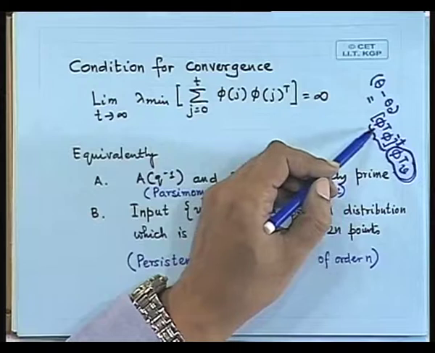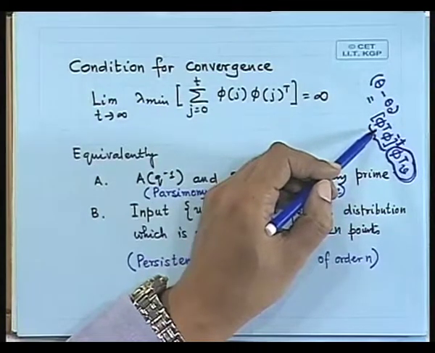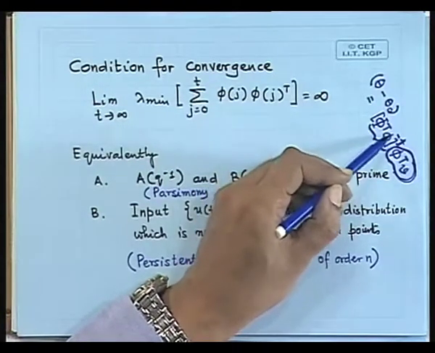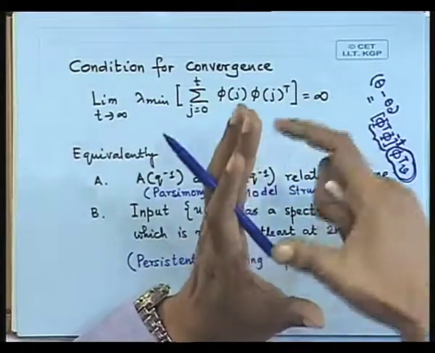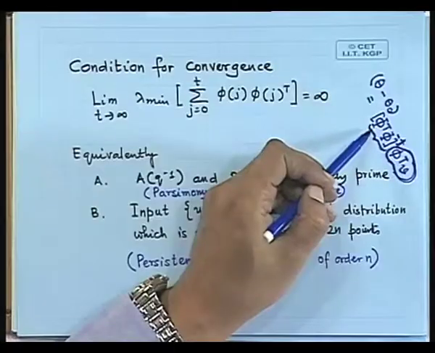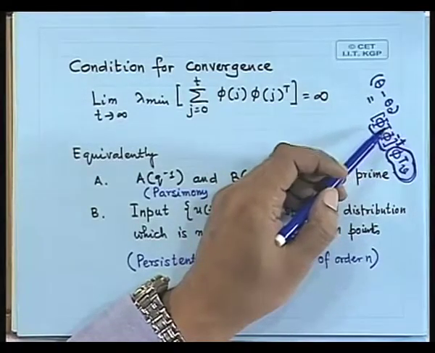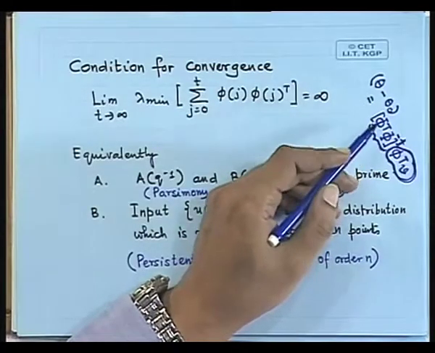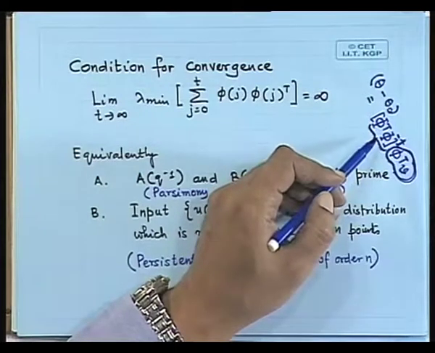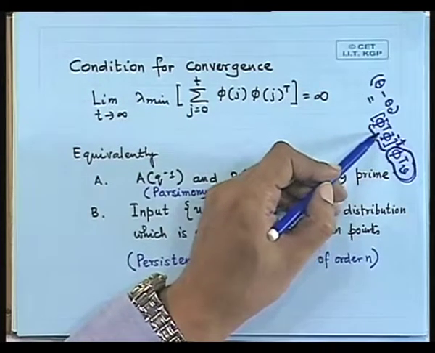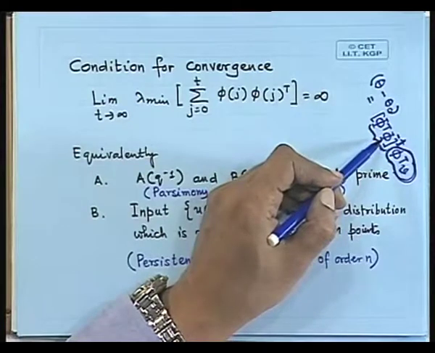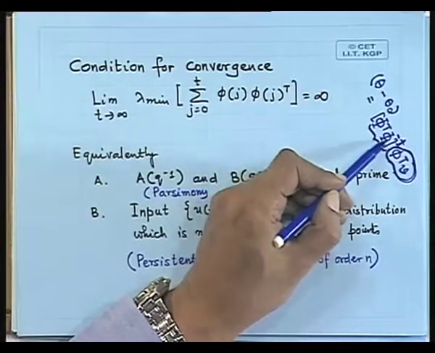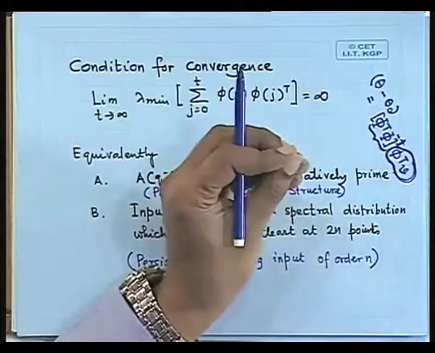As n increases, the phi transpose phi matrix, these are capital Phi's, will continuously grow in size, because if it continuously grows, then its inverse will continuously grow smaller.